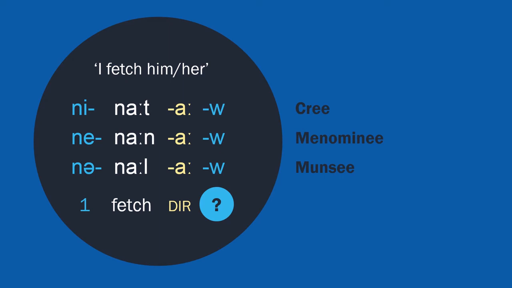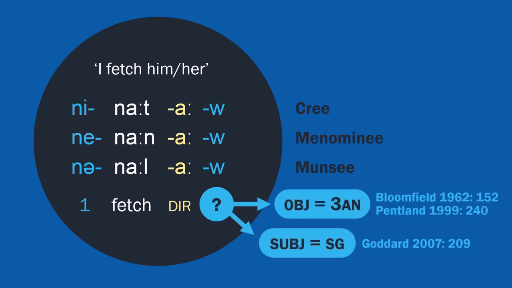So going back to the beginning, it might seem like the prefixing W could be analyzed as either a third-person object marker or a singular subject marker, but when we think more closely about how inflectional paradigms work, I think it becomes clear that Goddard's view, in which W is a singular subject marker, is preferable to Bloomfield's view, in which W is a third-person object marker.